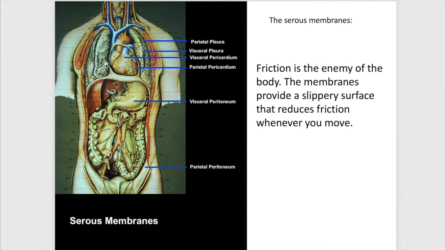If two tissues rub together, not only does that make the body work harder, but these cells are going to become damaged, and it's a terribly serious condition when we have a breakdown of one of these serous membranes. Normally I get the slippery stuff, and remember, the real job of the serous membrane is to reduce friction. It also tends to hold the organs where they're supposed to be.